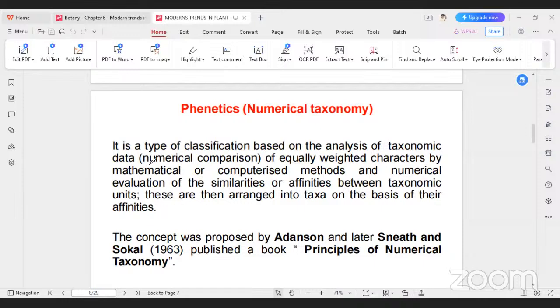This numerical comparison takes place with equally weighted characters by mathematical and computerized methods. Through this numerical evaluation of similarities or affinities between taxonomic units, they are arranged into taxa on the basis of their affinities. This concept was proposed by Adanson, and later Sneath and Sokal published a book, Principles of Numerical Taxonomy.